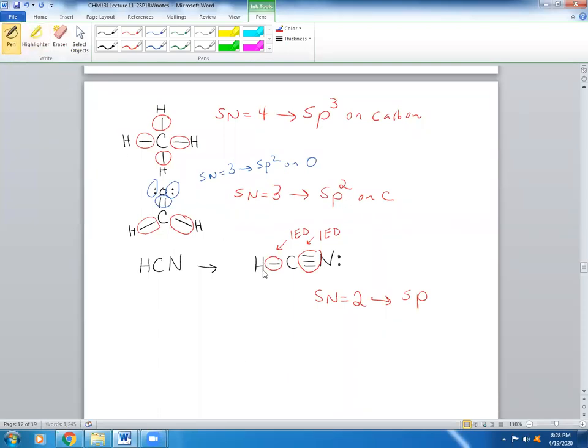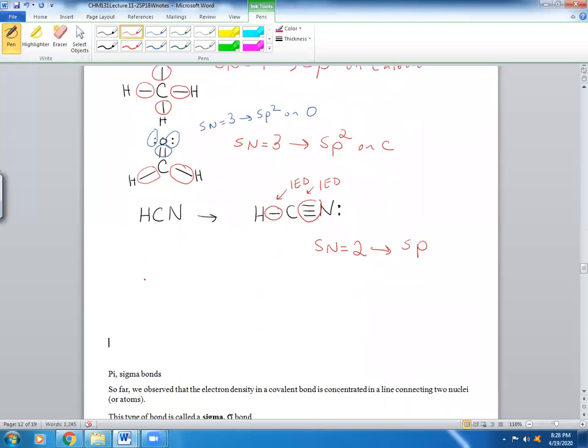Let's do another one. Let's say we have PH3. If you draw this, P has 5 valence electrons, and you have 3 H's, 1, 1, 1. That's a total of 8 valence electrons. It's going to be a P with a lone pair and 3 hydrogens.